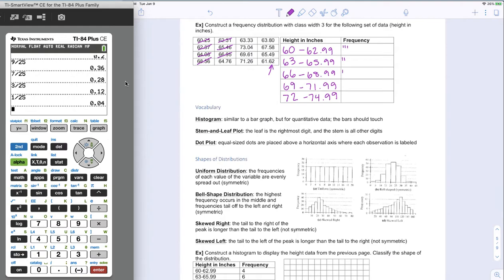So we'll keep on going down and just deciding where each of these goes, which class they fit into. Okay, so I'm going to keep going until I've exhausted the entire set of data.